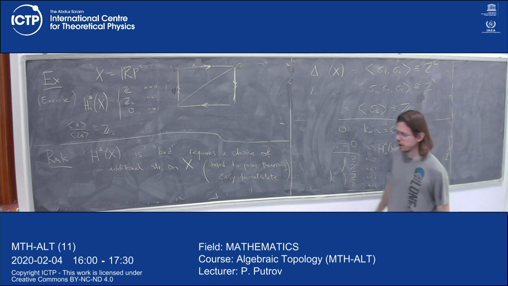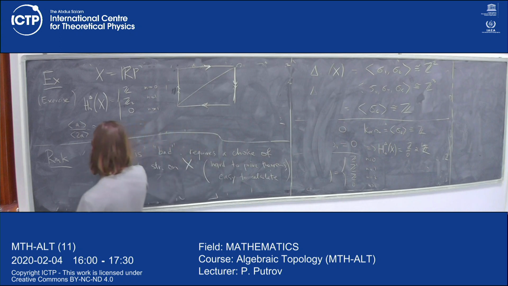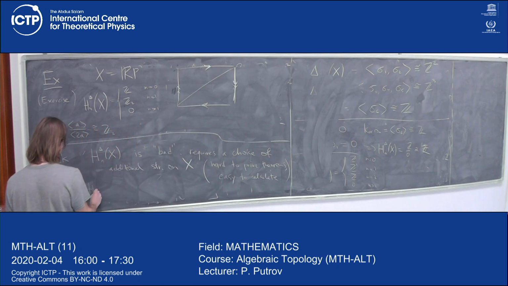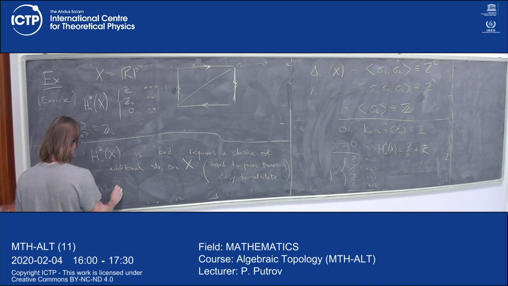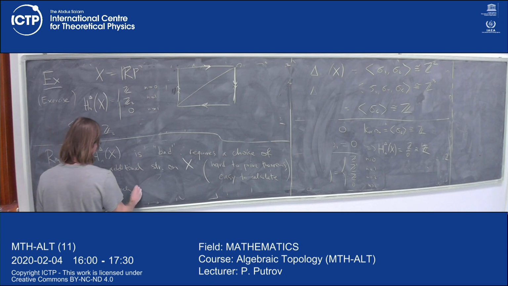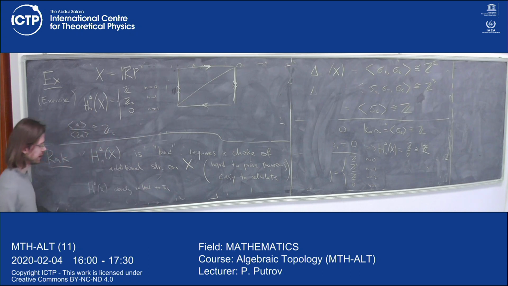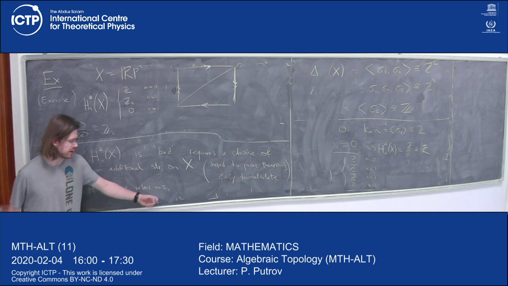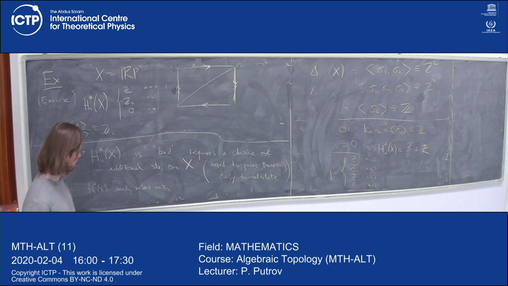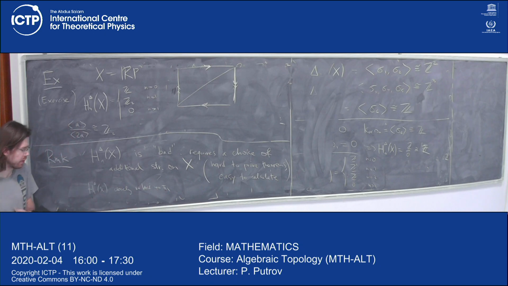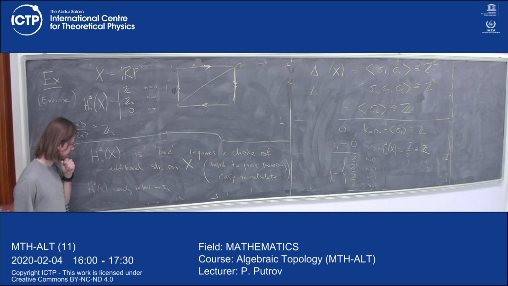In particular, H1 is closely related to pi 1. To be precise, this H1 is the abelianization of pi 1. So when this group is abelian, it's actually the same for a path connected space.